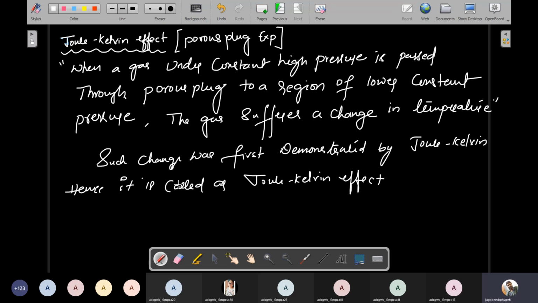Right now I want to derive that enthalpy remains constant in the Joule Kelvin effect, and how the enthalpy changes, from this concept. Now I want to move to the important points of this Joule Kelvin effect. Please note, everybody, I'll move to the next page.